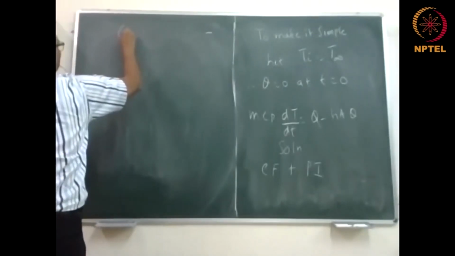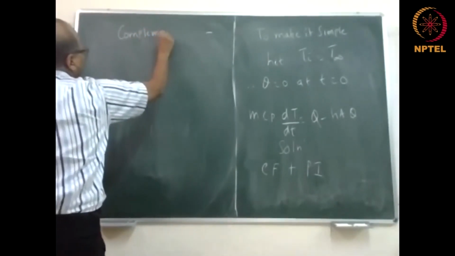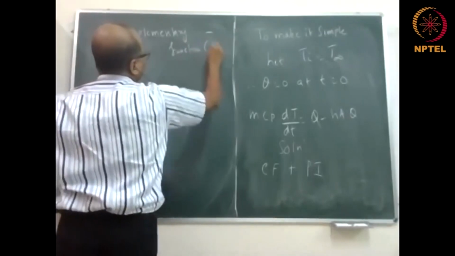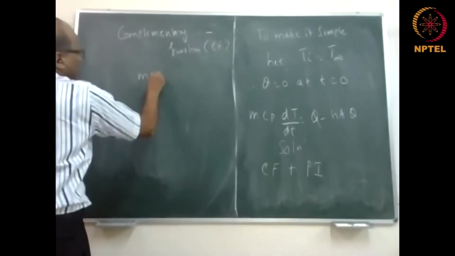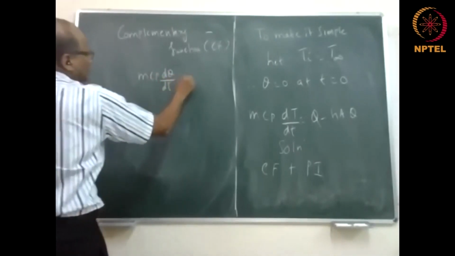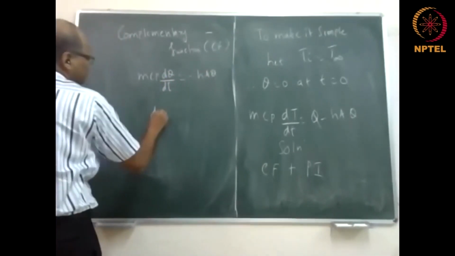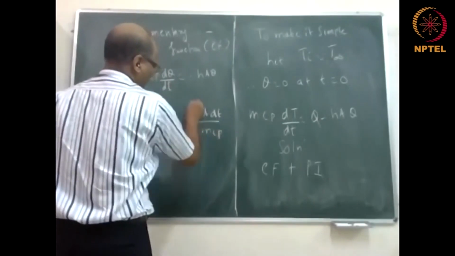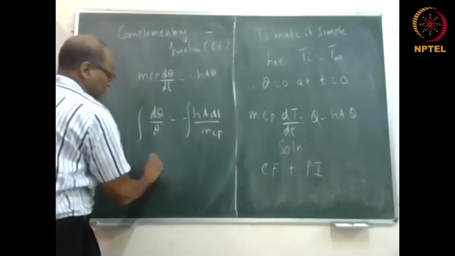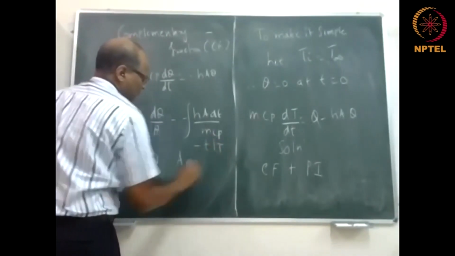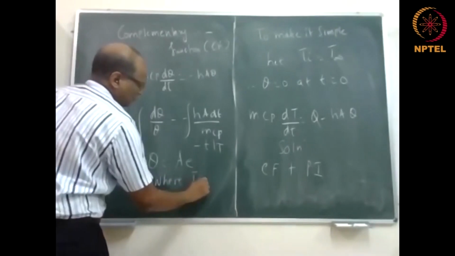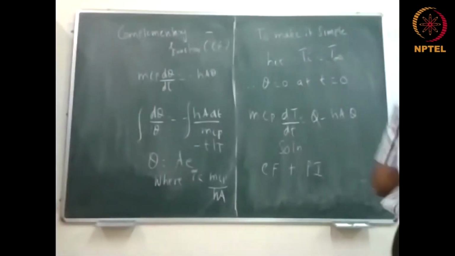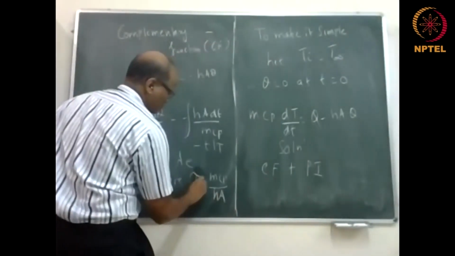So the complementary function is basically MCP d theta by d tau minus HA into theta equal to 0.